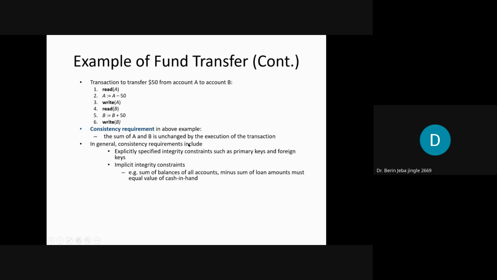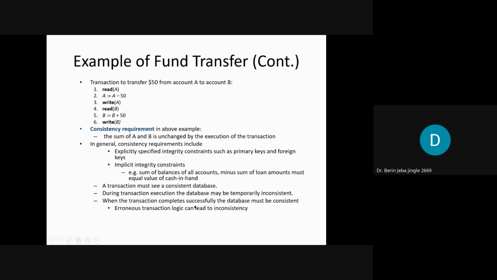It is a set of rules that maintains the quality of the information. Whatever changes we are making must be updated in the database, otherwise it leads to inconsistency. So this is consistency.